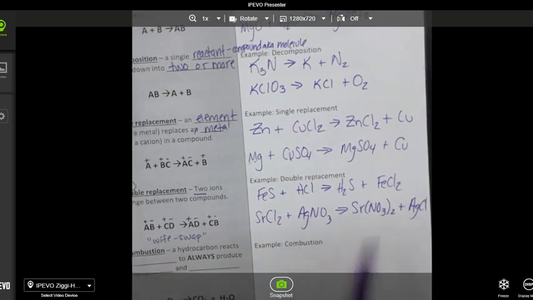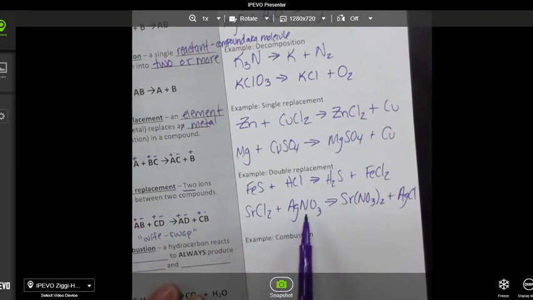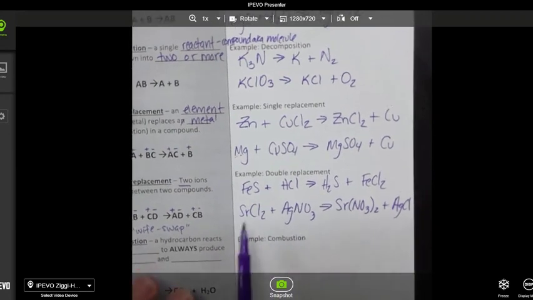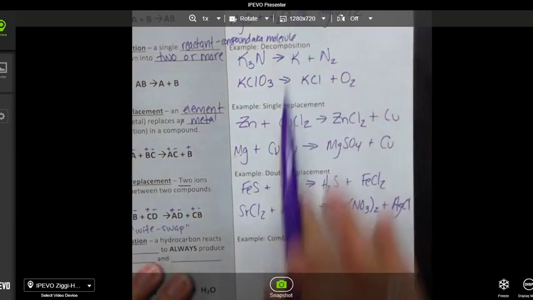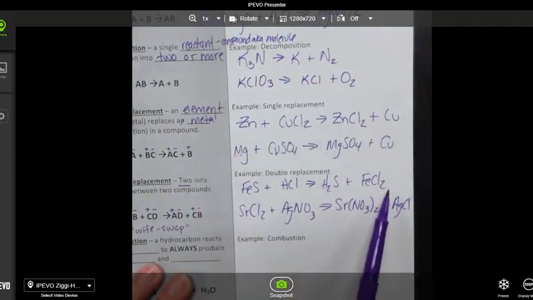Okay, and I know how to write these reactions. You actually should know how to write these reactions, and these little subscripts are coming from bonding. But right now, what I'm really going to be asking you to do is to be able to identify, if I gave you a list of these, this one's combination, this one's single replacement, this one's double replacement, based on how many things are moving.